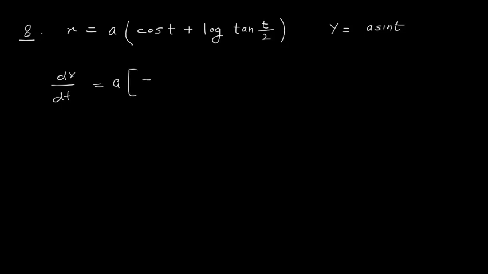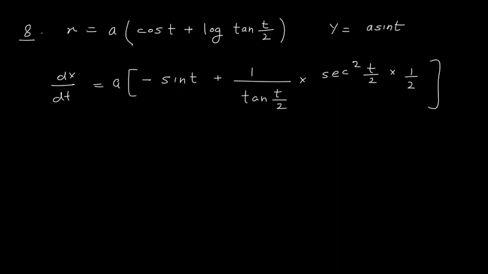Derivative of cos t is minus sin t plus derivative of this log is 1 upon tan t by 2 into derivative of tan, which is sec square t by 2, into derivative of t by 2, which is 1 by 2.